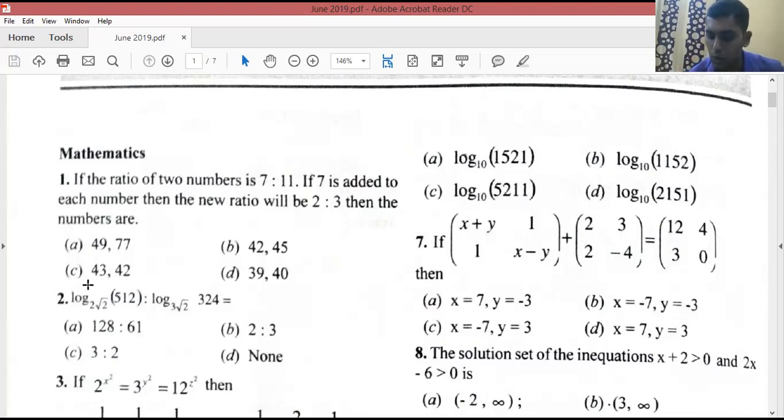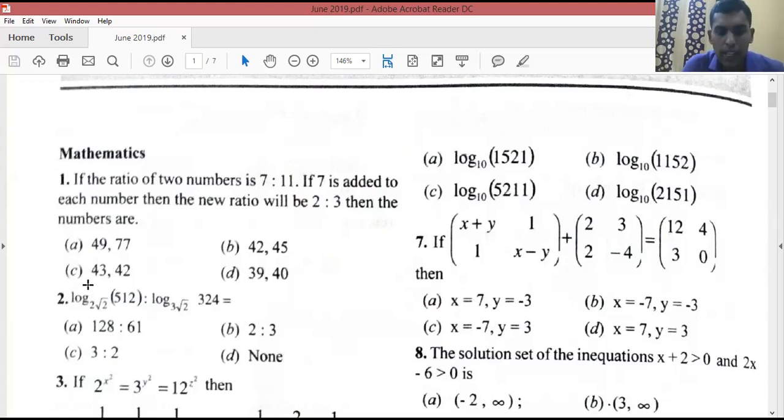Press into equal to, it will be 7.999, equal to 8. Once again equal to, go till 512. Count the equal to symbols, 3, 4 and 5, 6. At the fifth equal to, you will get 512. That means 2 root 2 power 6 will be equal to 512.